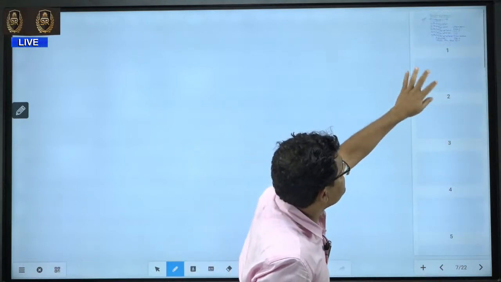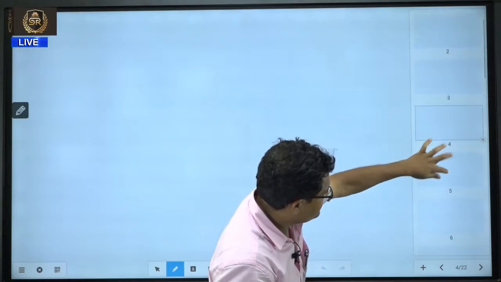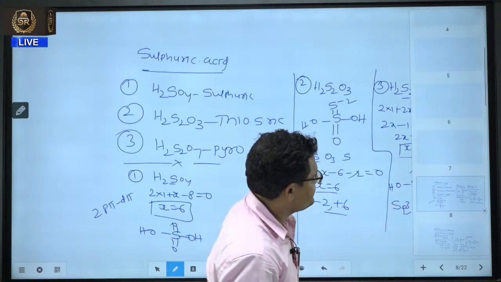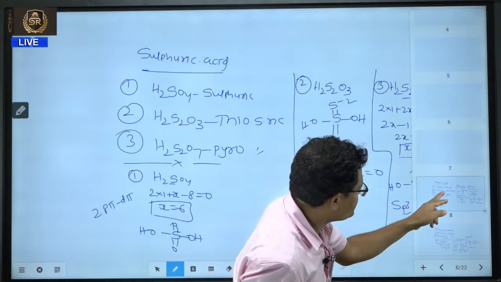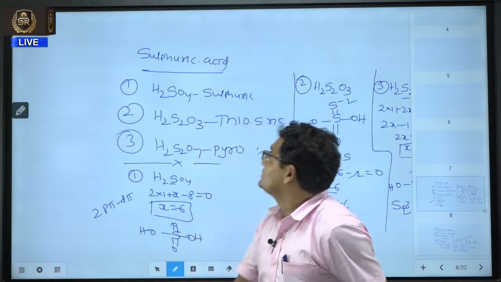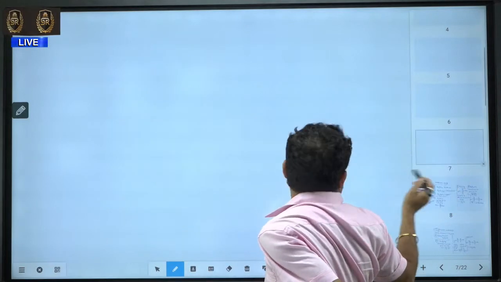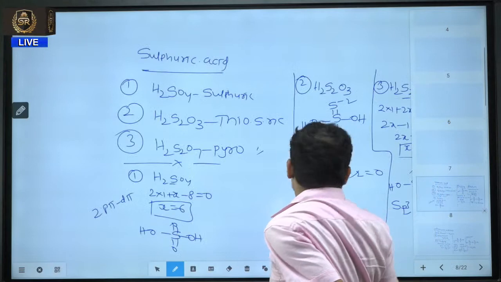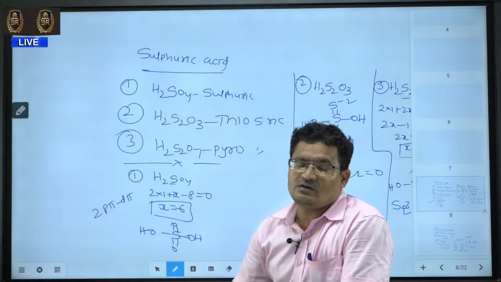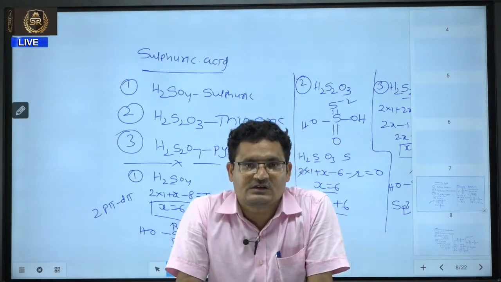These oxy acids of sulfur are basically of the following types. One, sulfurous acids, which are 4 types: sulfurous, thiosulfurous, pyrosulfurous, dithionous.